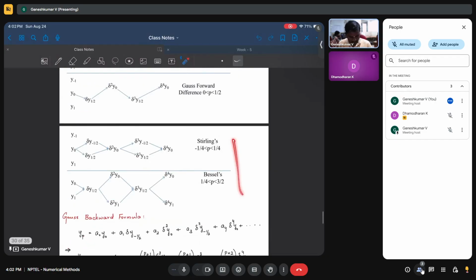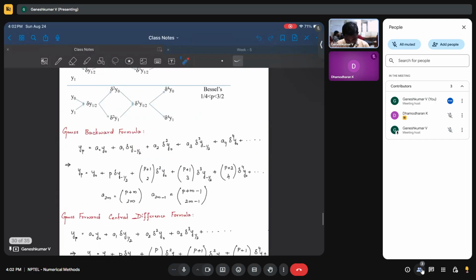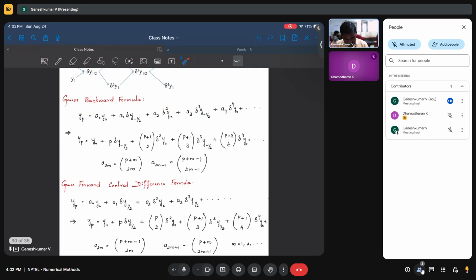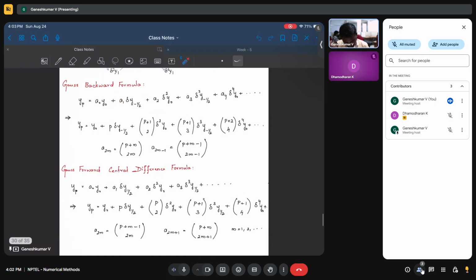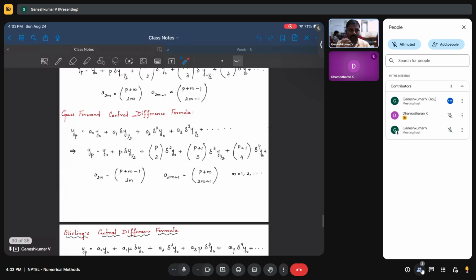And then there are two more, Stirling's formula and also Bessel's interpolation formula. These are a little bit advanced interpolation methodologies. Then we saw each method's formulas, so I'm just providing you the final formula here. I think I didn't write the permutation here, but you can check the class notes for that.